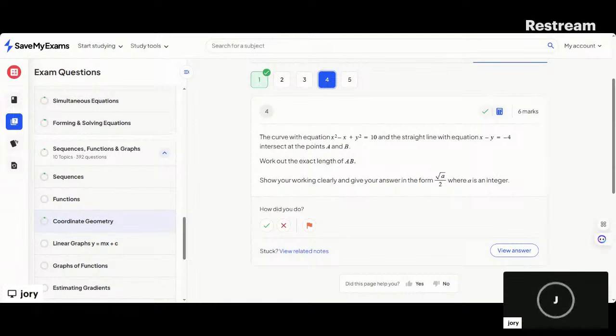And we said we're gonna make it equal something, right? Let's make them both equal x. X equals negative 4 plus y. And then x equals x squared plus y squared minus 10.